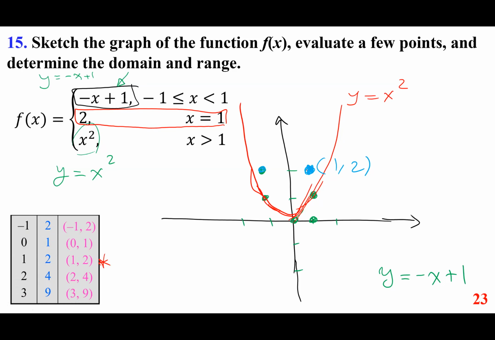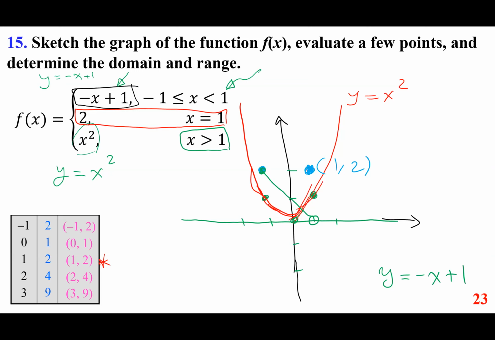Stick with the green one. And this is a hole, because of the fact that we don't have the equality. We have the pair 1, 2, and lastly, x squared is when x is larger than 1 for this part.